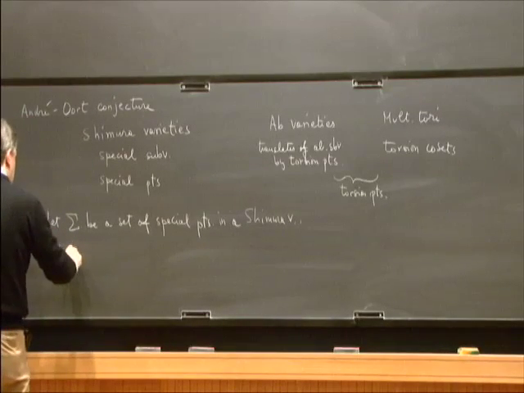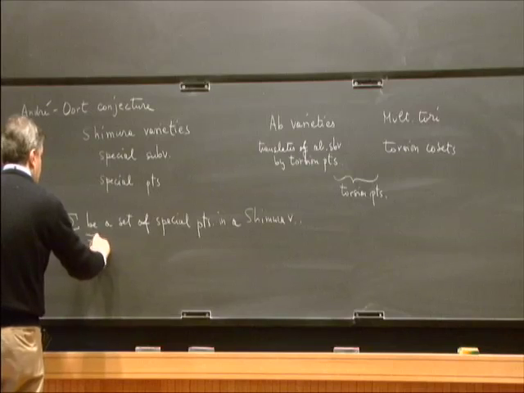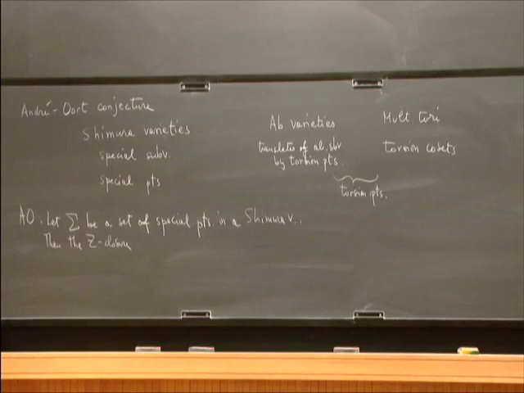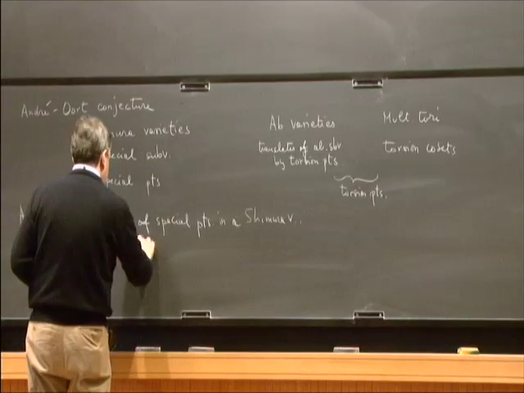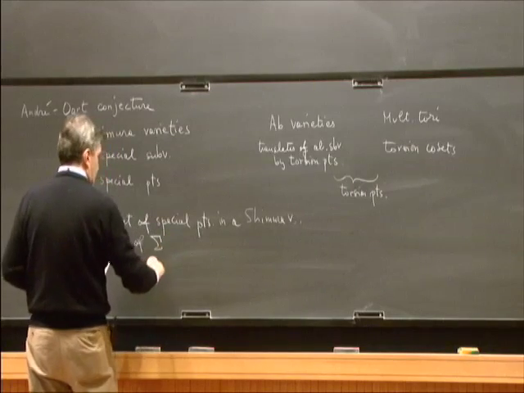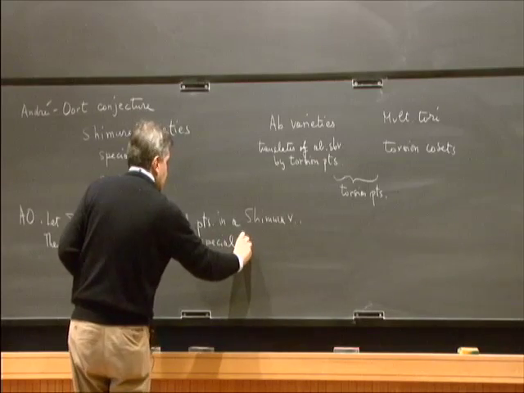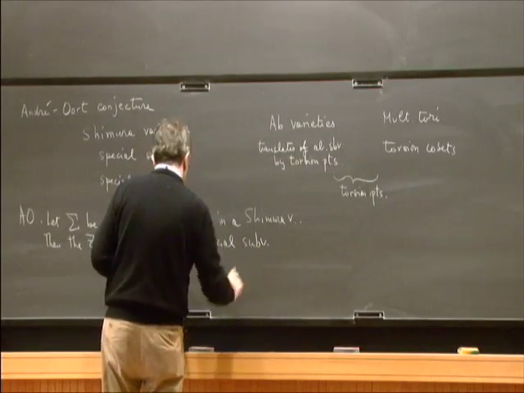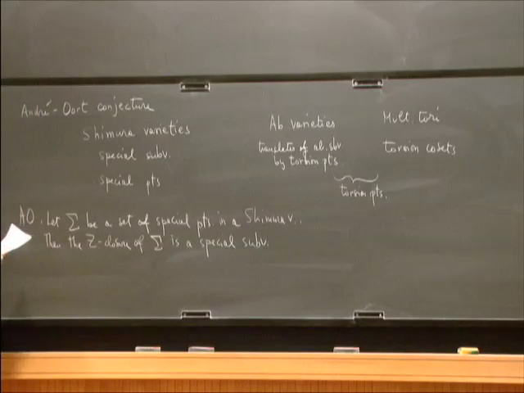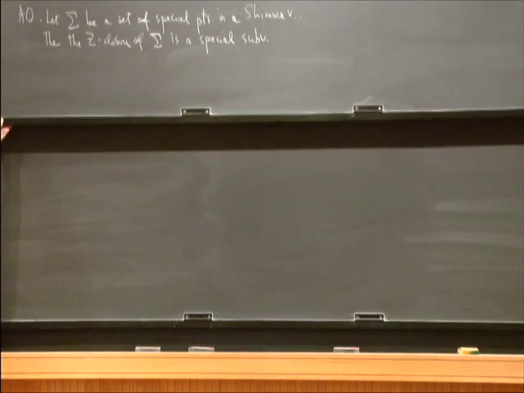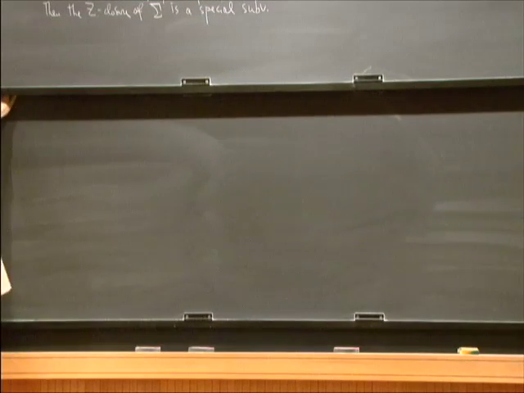Then the Zariski closure, so these varieties are algebraic varieties, the Zariski closure of sigma is a special subvariety. So this has an entirely similar shape as the Manin-Mumford conjecture or Lang's conjecture that we have considered.